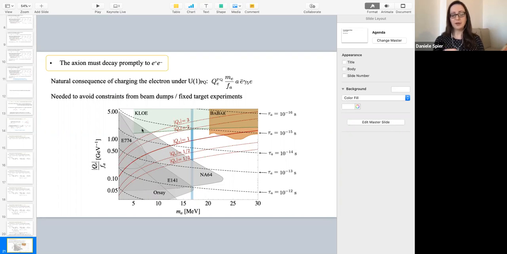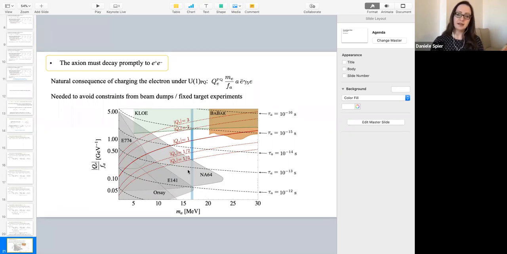There are more recent constraints from NA64 that explicitly looked for this hypothetical 17 MeV resonance that was reported by this Hungarian collaboration, and they placed constraints on this hypothetical resonance that in this parameter space translate into excluding this gray region here.